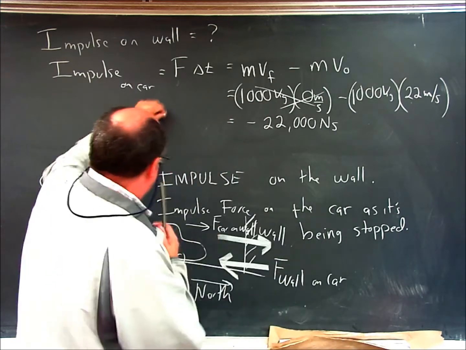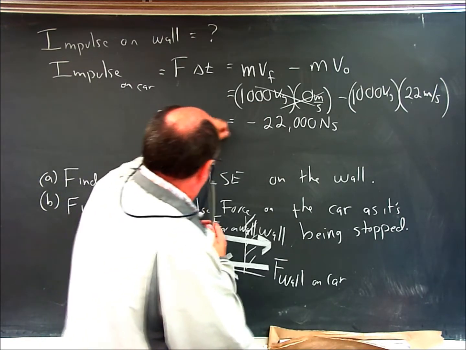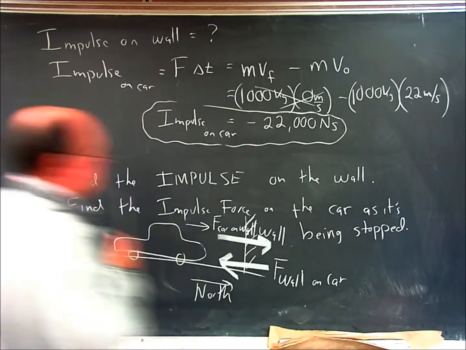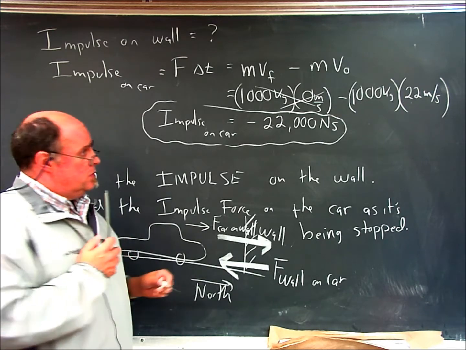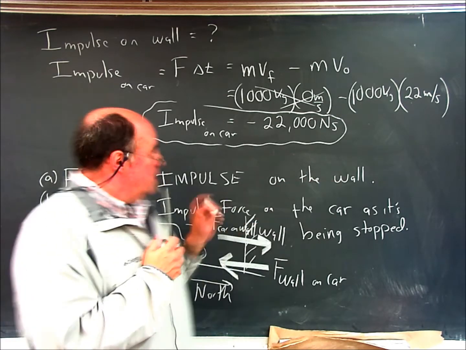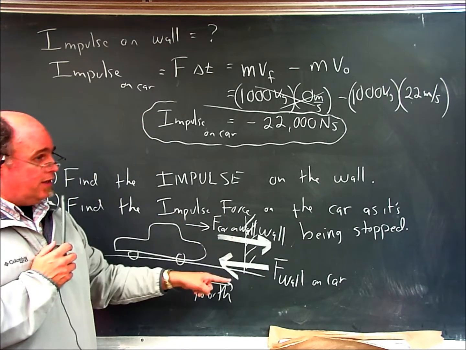That is the impulse on the car. But they asked, what's the impulse on the wall? So the impulse on the wall will be the equal and opposite idea here.